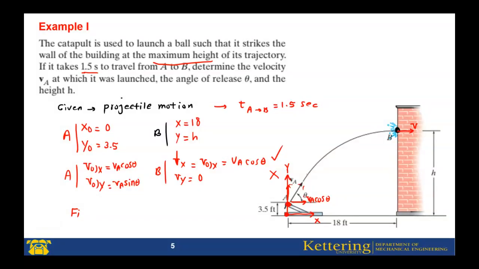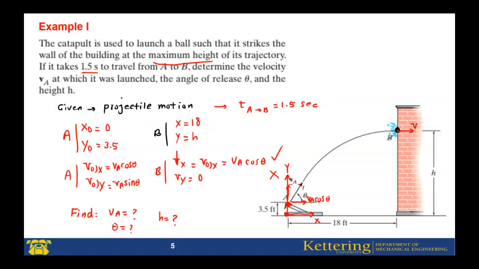What I'm looking to find is VA, theta, and h. I have 3 unknowns. How many equations do I need to solve 3 unknowns? I already answered the question. We need 3 equations. To find 3 unknowns, you need 3 equations.